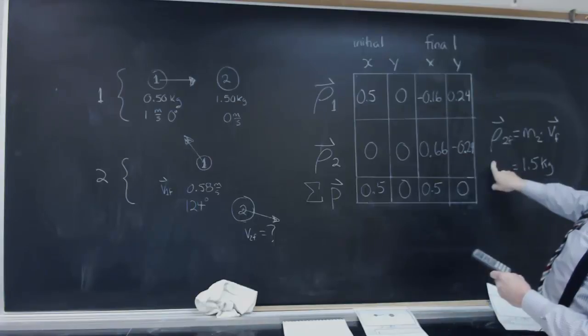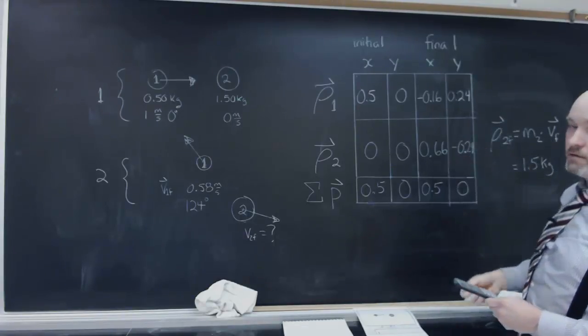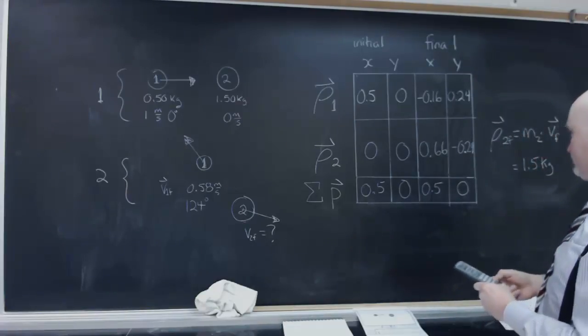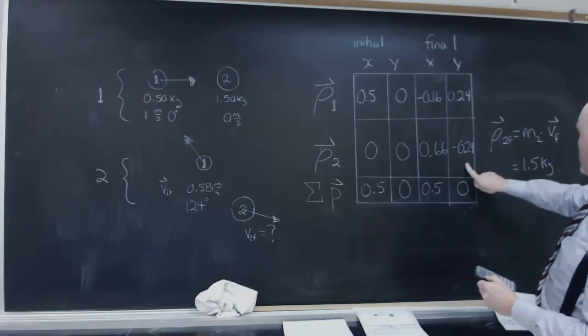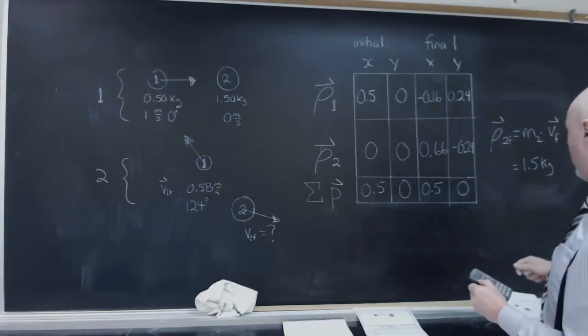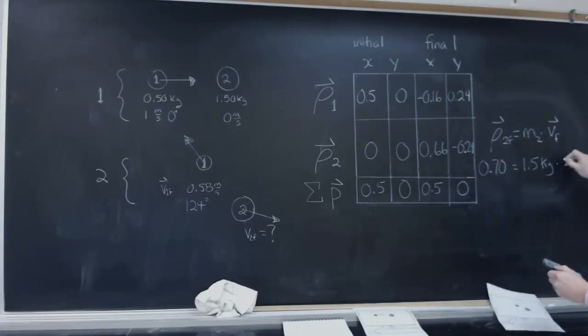For the total momentum of the second ball, I'm going to have to use the Pythagorean theorem here. So 0.66 squared plus 0.24 squared, and the total momentum here is 0.70 kilogram meters per second. And I can find my final velocity.